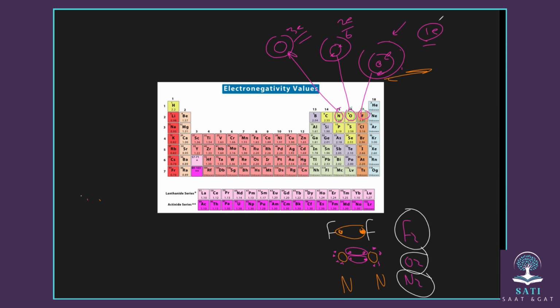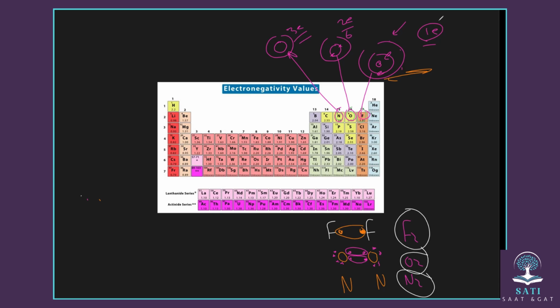Now each atom of oxygen, for example this one, will feel like it has 8 electrons, so it feels stable. And this one will feel like it has 8 electrons, so it will be stable. That's why when they make bonds, they make 2 bonds. That means they share 2.